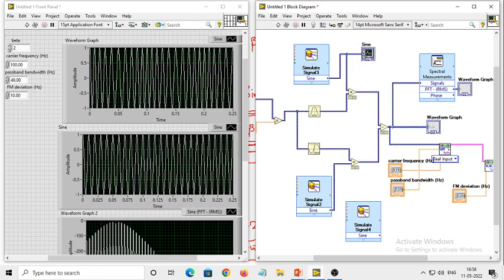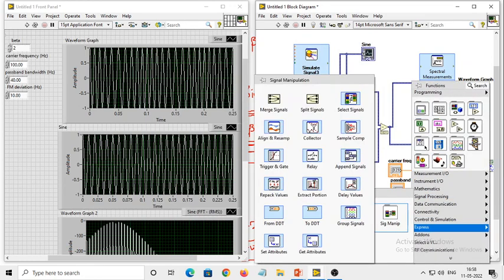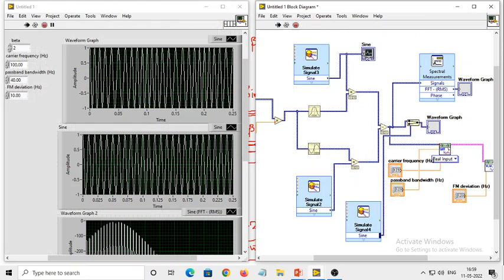Now you can remove this and use a block in the Express that is present in signal manipulation, merge signals. Okay, you place this one, you can give it as modulated signal, and the other one you can give as message signal. So this basically helps us in visualizing the impact of message amplitude on the final frequency of the carrier. Okay, so let me run this.